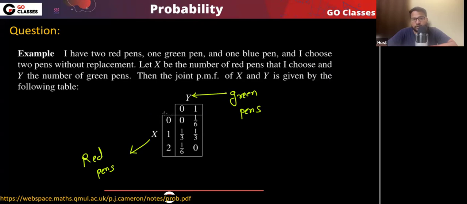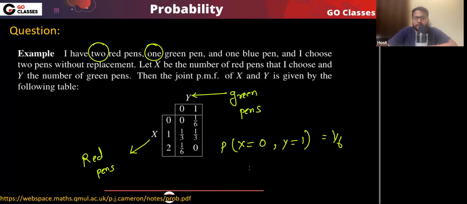You can choose 0, 1, 2 from the red pens, and 0 or 1 from the green pens. This is a joint PMF, which means the probability that you don't choose any red pen and you choose one green pen is 1 by 6.